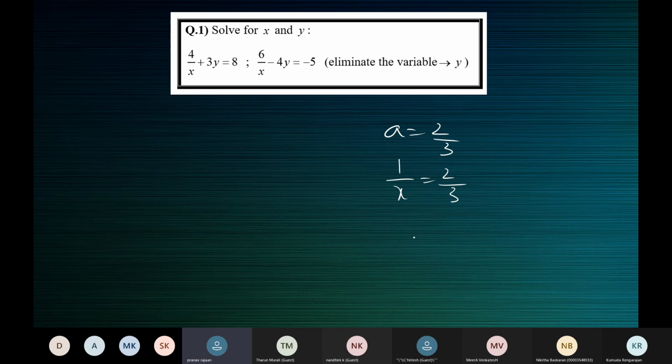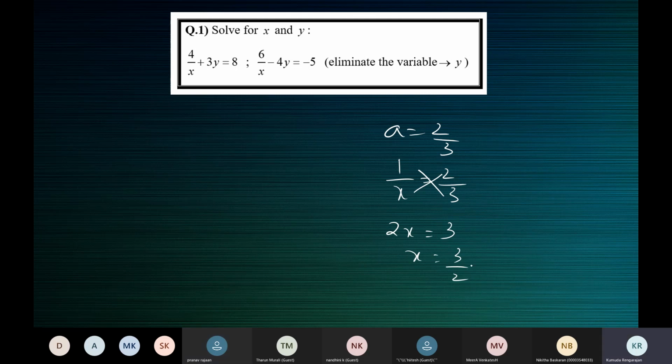If you want to cross multiply, what will you get? 2x is equal to 3, correct? Yes, ma'am. So x is equal to 3 by 2, correct?